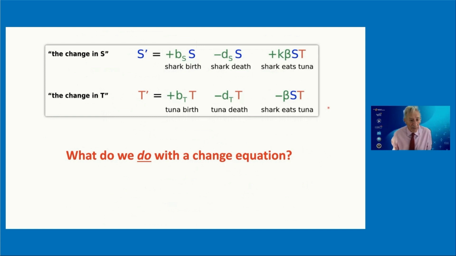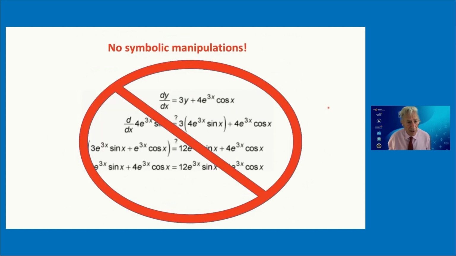Okay, we have this model. The model is a change equation. What do you do with a change equation? Well, the one thing that we do not do with a change equation is any kind of symbolic manipulation. We do not substitute variables. We do not do integration by parts. Don't touch the change equation.